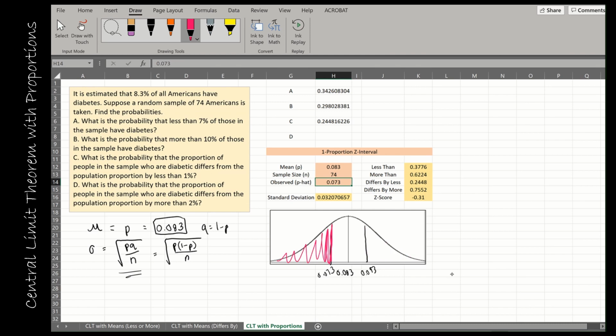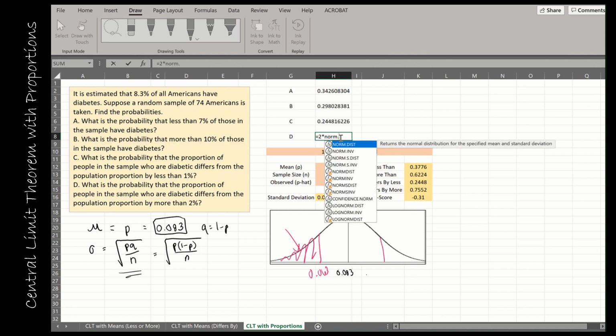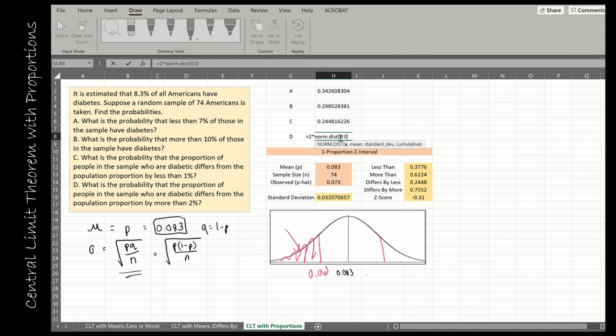So more than 2% would mean that I would go 2% in this direction, which would be 0.063, and it doesn't even really matter what this one is because I'm just going to find this area and take it times 2. So again, I'm going to take equals 2 times norm dist. X is 0.063, so that's the one you have to get right.